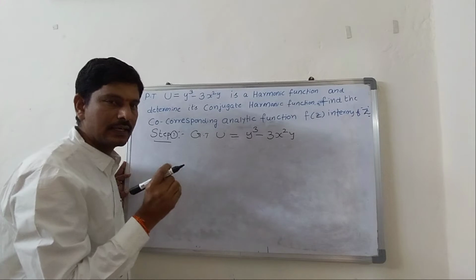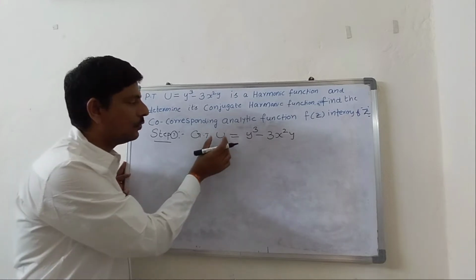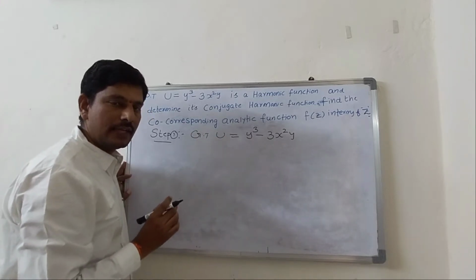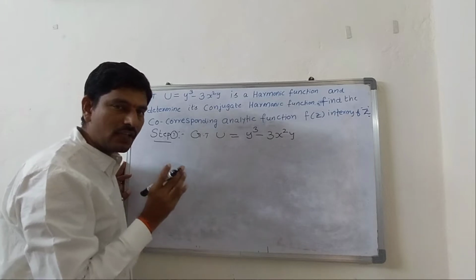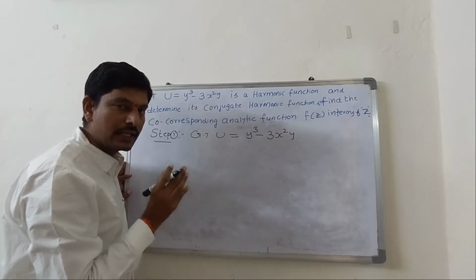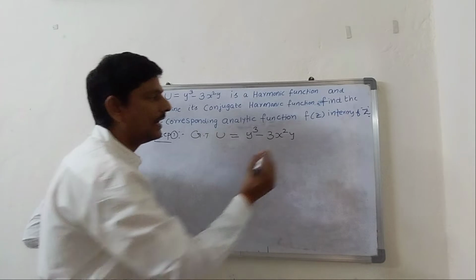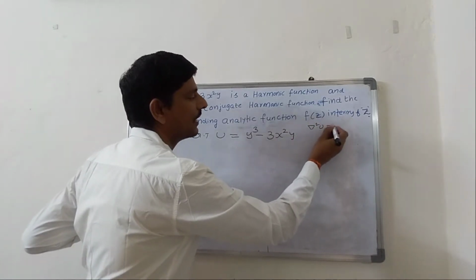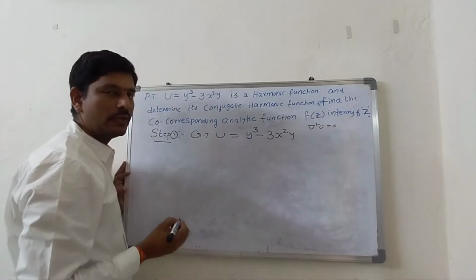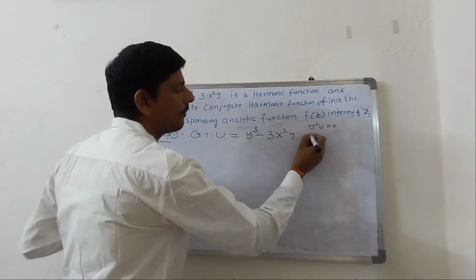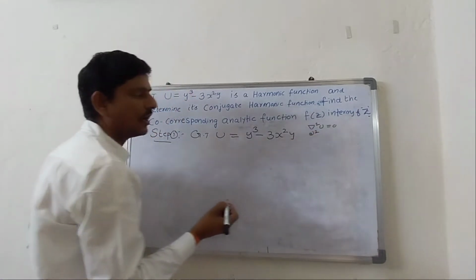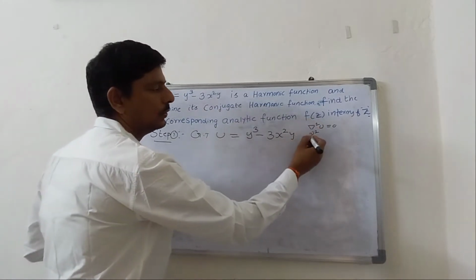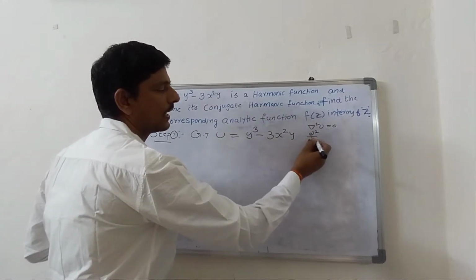again. Please listen carefully. So if u is a function, then the process of proving harmonic function is del square u. What is this del square, sir? Del square u is equal to 0. Then u is harmonic function. Del square means partial differentiation of u with respect to x twice.